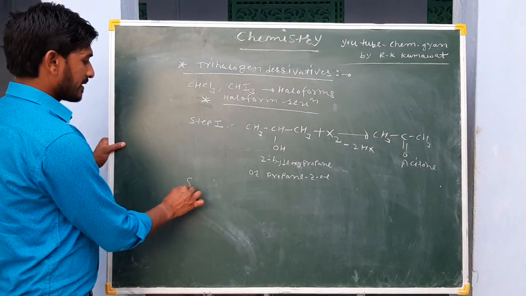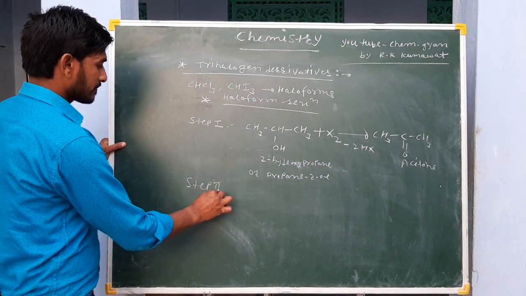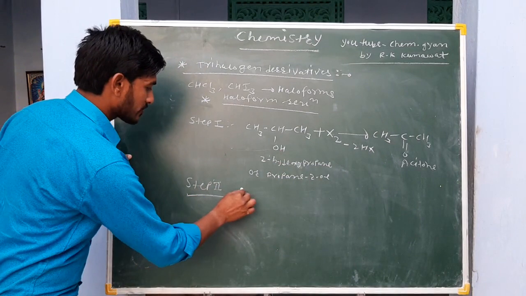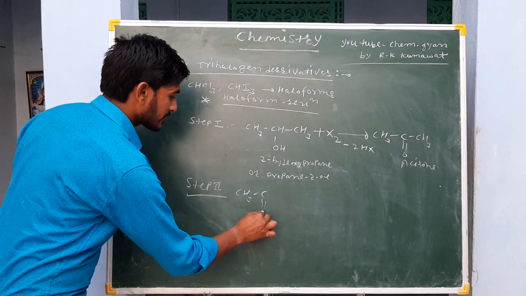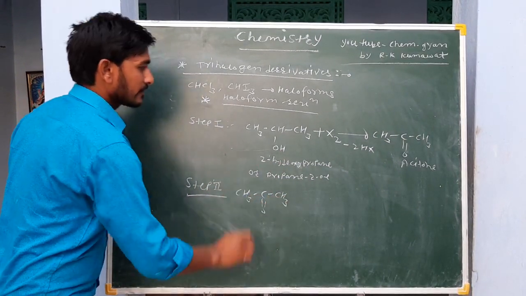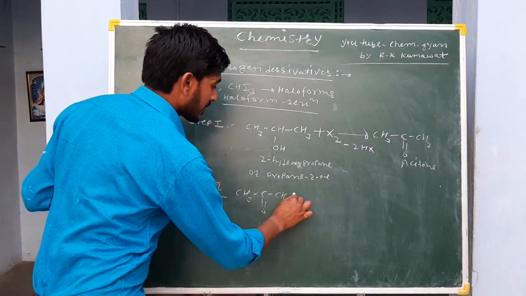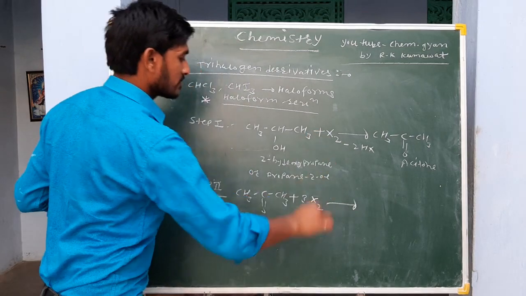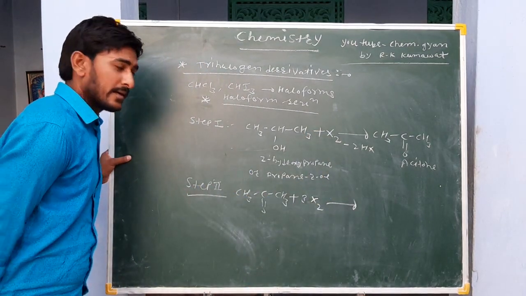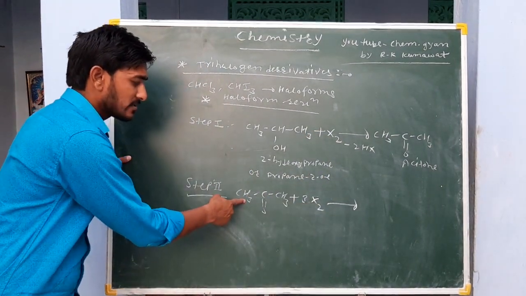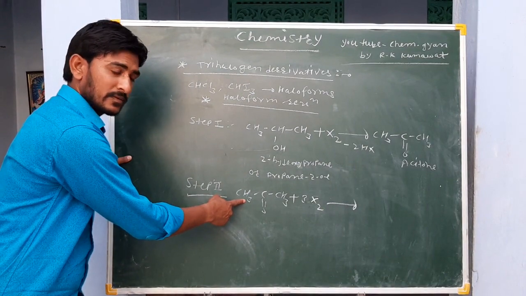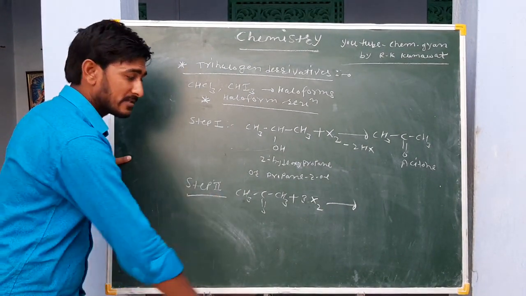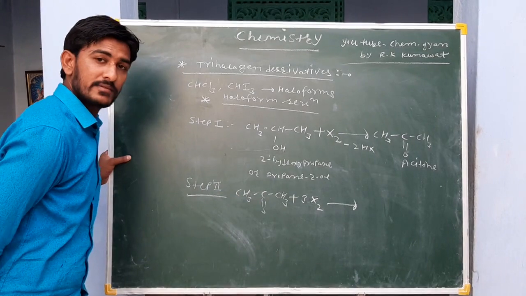Step second: acetone is used, and acetone reacts with 3 molecules of halogens. Halogen atoms replace hydrogen atoms. 3 hydrogen atoms are replaced by 3 halogen atoms.